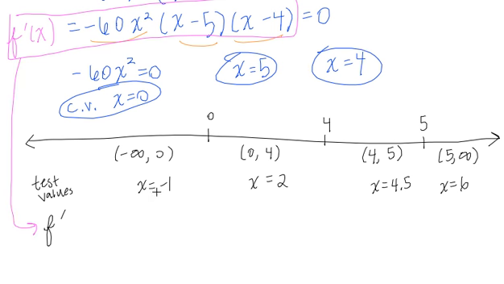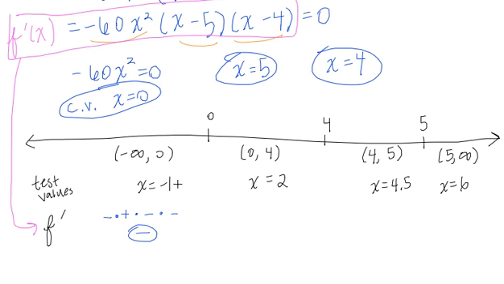For f prime of negative 1, so you can follow along, it's negative 60, so negative, times negative 1 squared is a positive factor, times negative 1 minus 5 is negative, and negative 1 minus 4 is also negative. So a negative times a positive times a negative times a negative is a negative value.